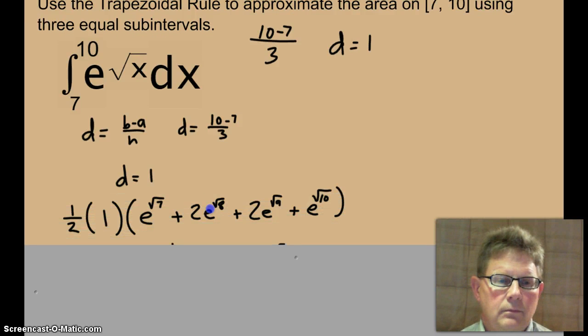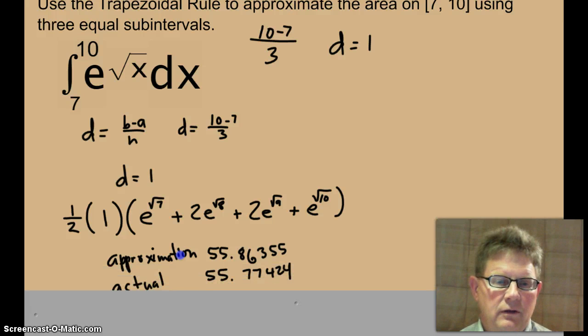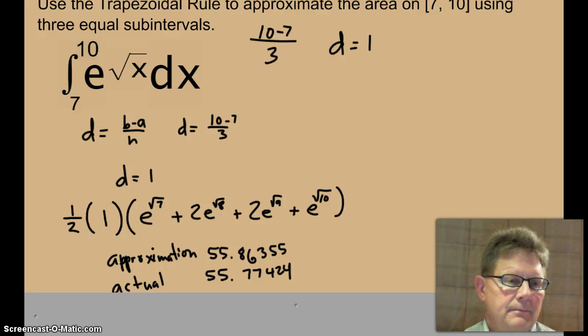So 1/2 times 1, because D was equal to 1. e to the square root of 7 plus 2 times e to the square root of 8 plus 2 times e to the square root of 9, or 2e to the third, plus e to the root 10. So our approximation was 55.86355, and if we did the actual, pretty doggone close. It's a trapezoidal approximation.